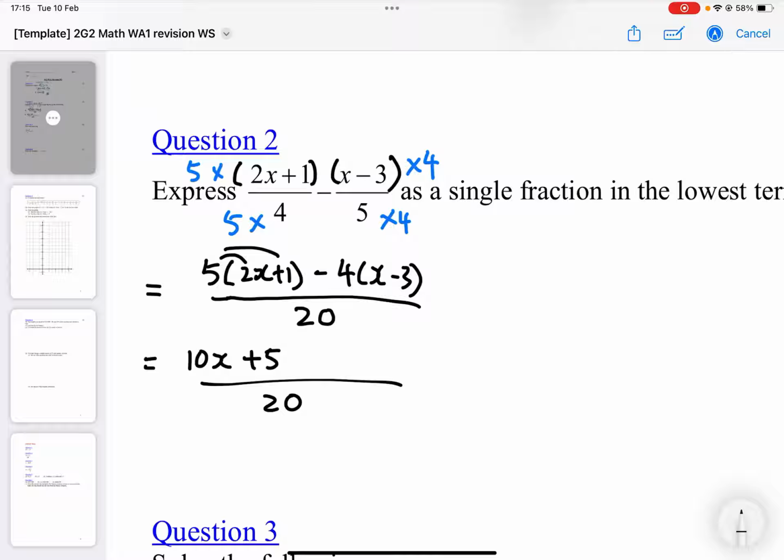Meaning, my 4 multiply this bracket, my 4 must multiply everything inside the bracket. 4 multiply x, 4 must multiply negative 3. 4 multiply x is 4x, so I need to minus 4x. 4 multiply negative 3 is negative 12. But I need to minus negative 12. So minus become plus 12.